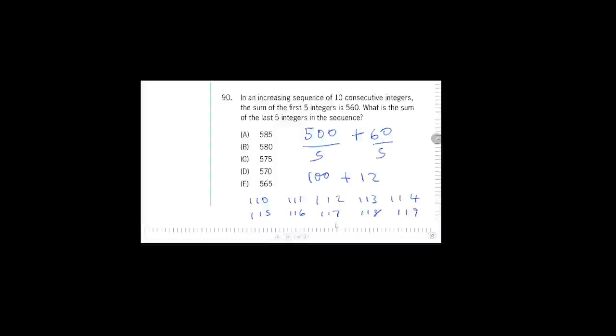But what is the purpose of this class? The purpose of this class is, it's not that you cannot solve most of these questions, but the more you know another way of solving it, the shorter it will take you to solve them.